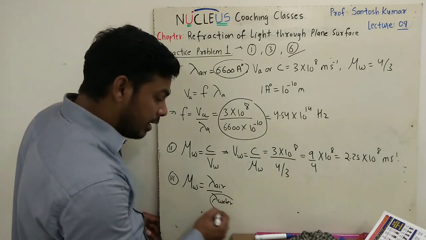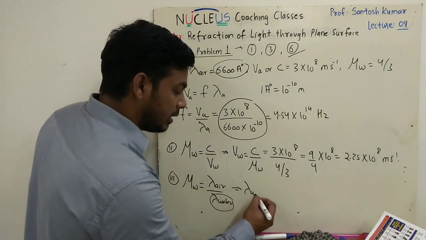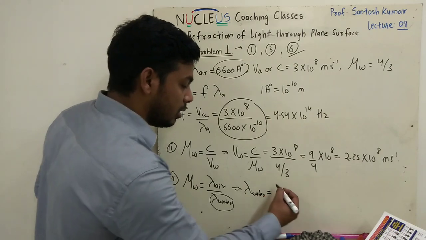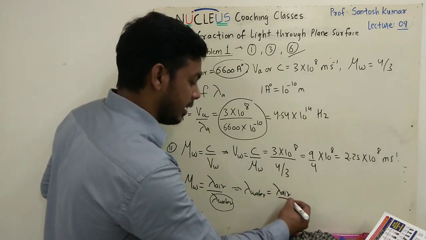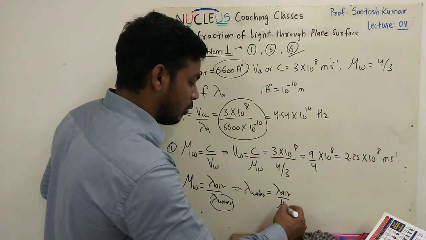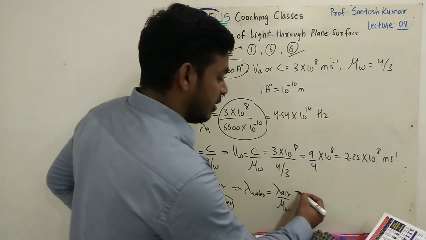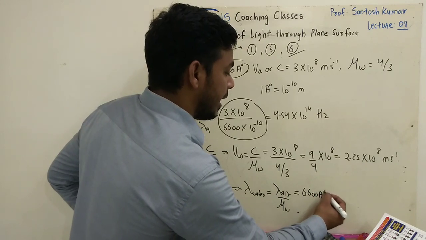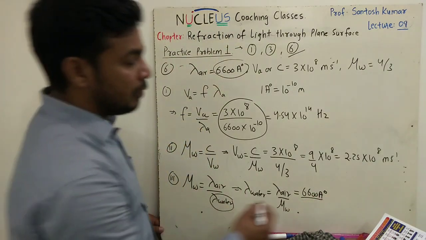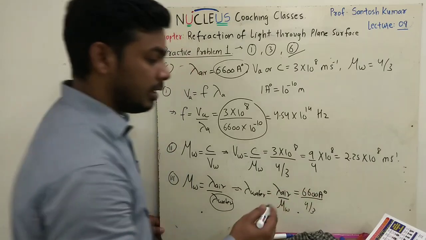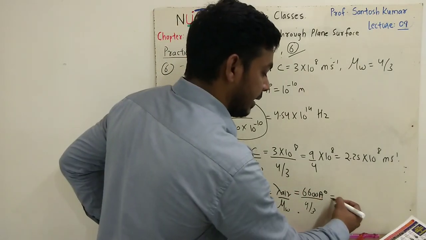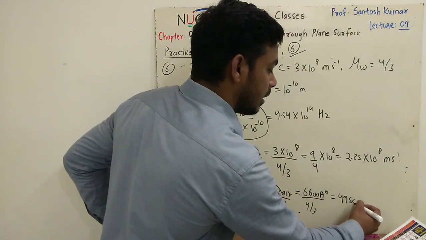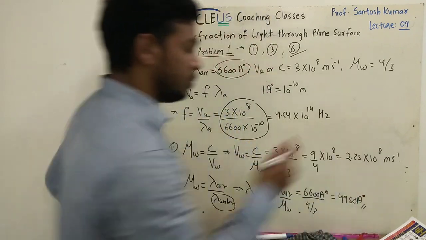So the wavelength in water will be simply the wavelength in air upon the refractive index of water, which will be equal to 6600 angstrom upon the refractive index of water, 4/3. Solving this mathematically, you will get the answer 4950 angstrom.